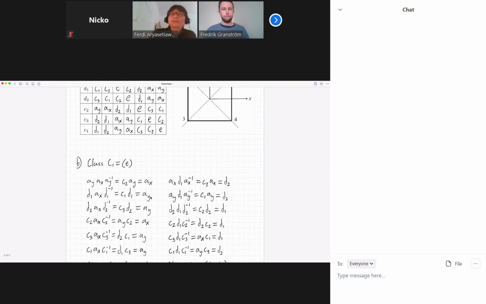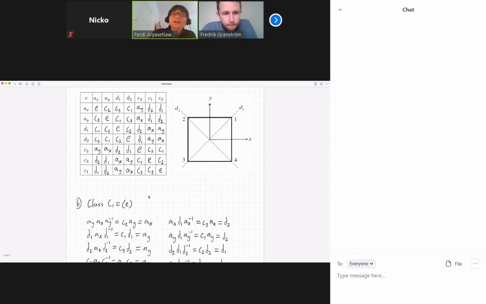So let's see. In your table, how do you define it now? I define it as we have the row element multiplying the column element, but the column element acts first because we are multiplying to the right, so it becomes AX, AY, and then our object to the right of it.